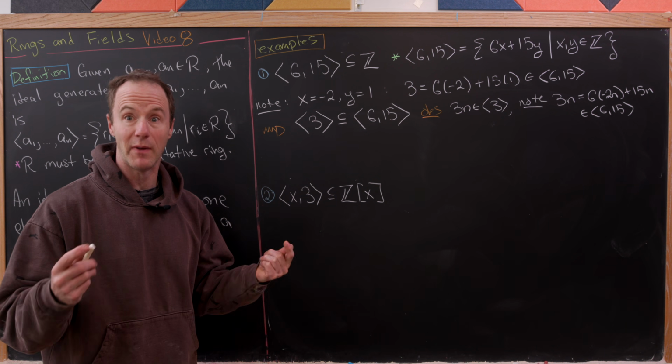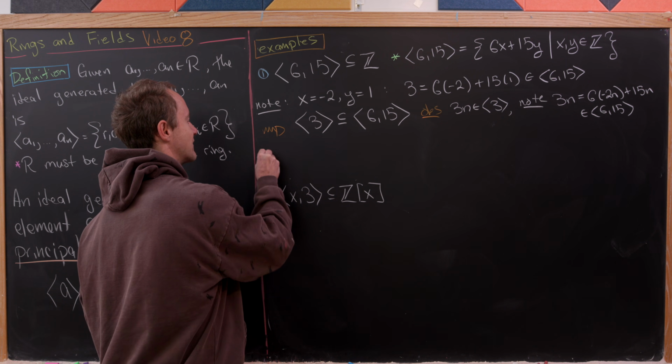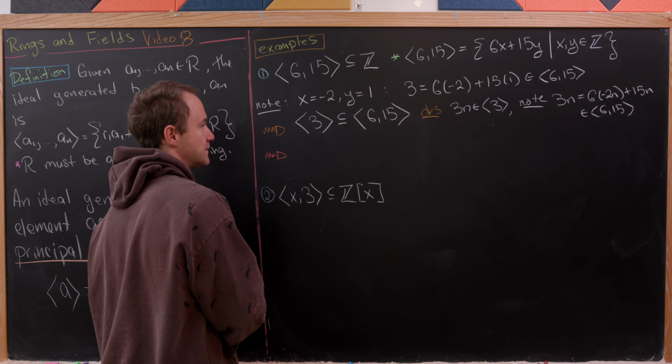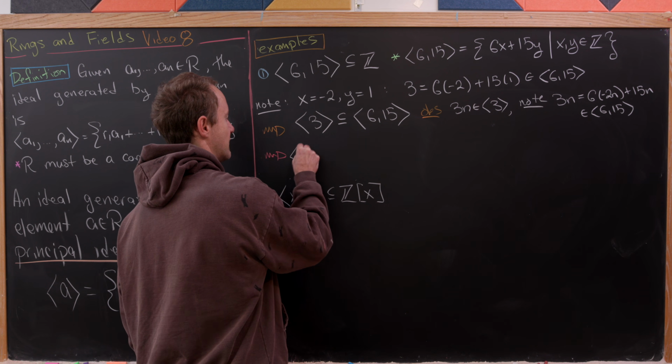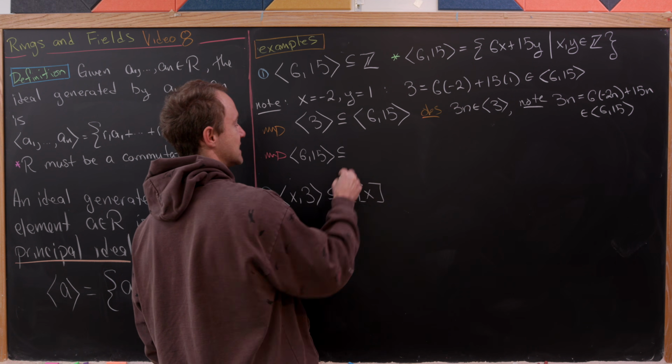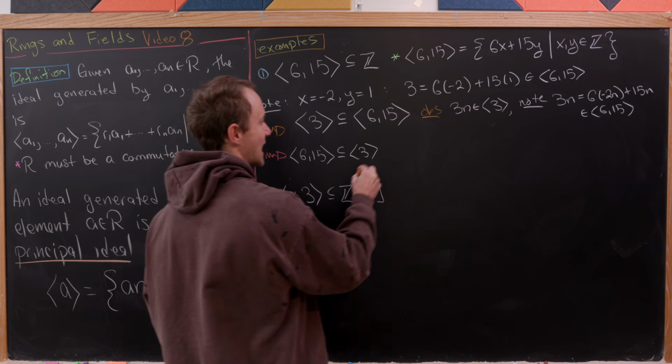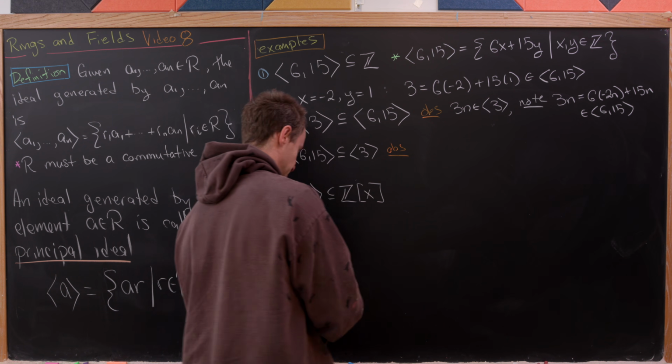I guess sub-ideal relationship. Now let's also notice that we have containment the other way. So we have the ideal generated by 6 and 15 is a sub-ideal of the ideal generated by 3. And this is actually a little bit easier to check.